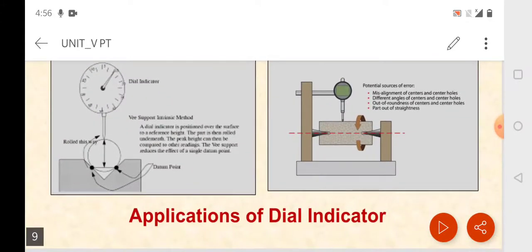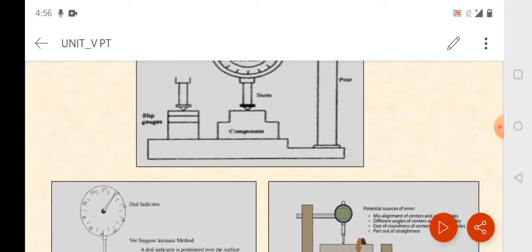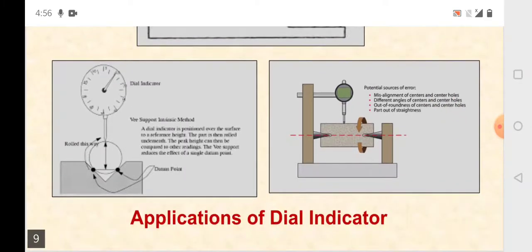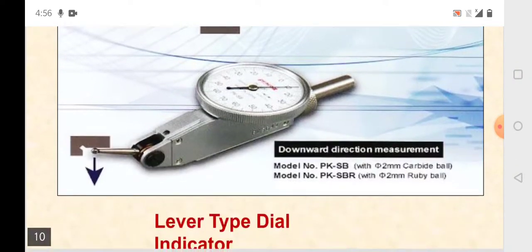We can measure the roundness, the roundness between two centers, and the straightness. Ultimately it is the linear movement of the probe or plunger converted into angular movement of the indicator over a dial. Then there is a second type. In place of the plunger we can have a lever, with the help of which we can see the variation in the dimension.